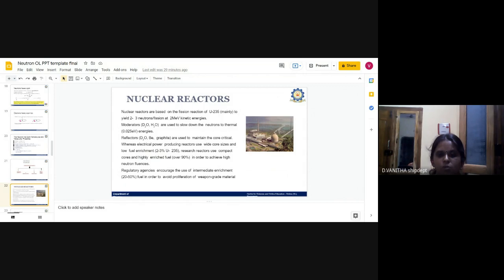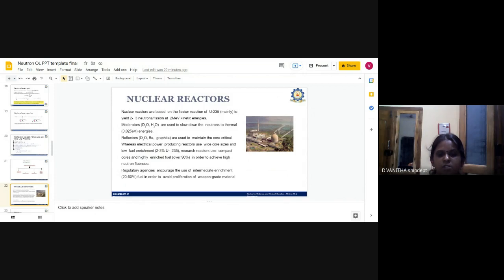Nuclear reactors also have reflectors, which are used to maintain the core critical, whereas electrical power producing reactors use wide core sizes and low fuel enrichment. Here, 2 to 3 percent uranium 235 is present.